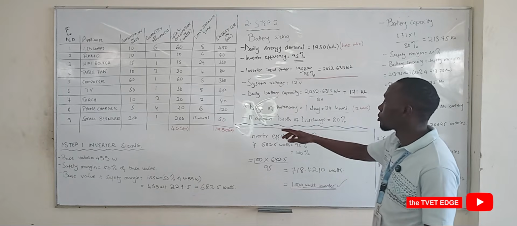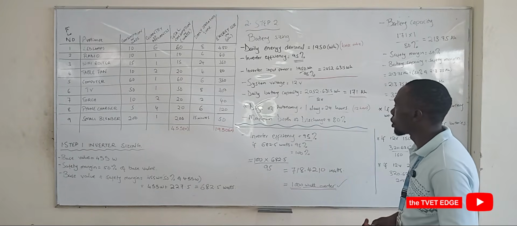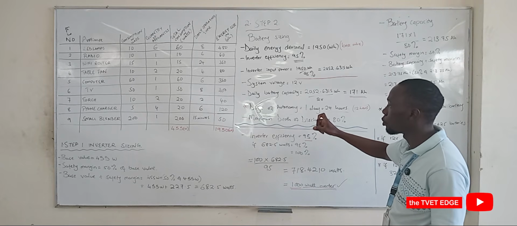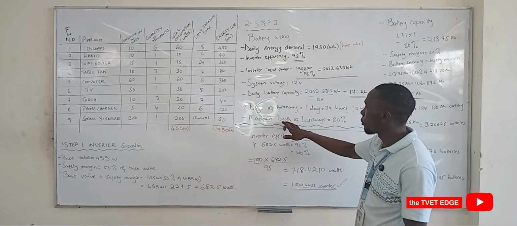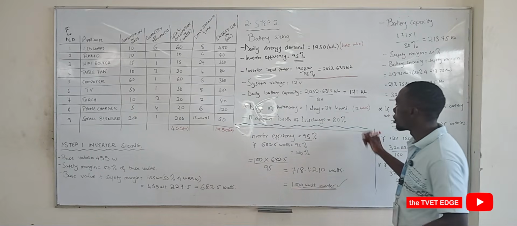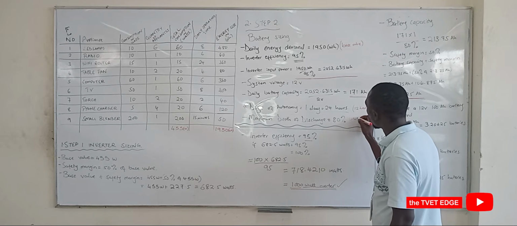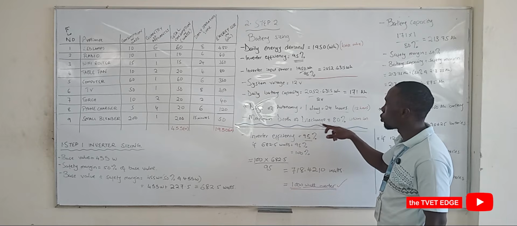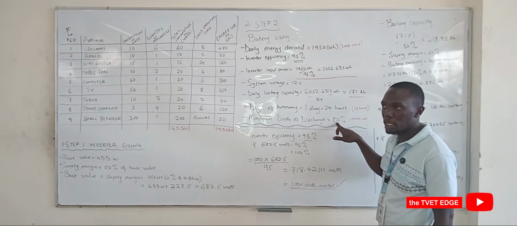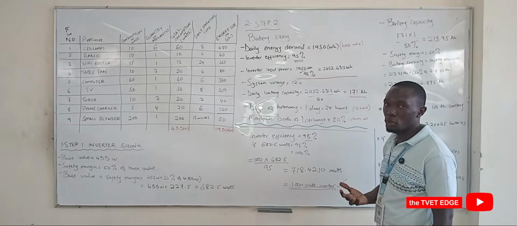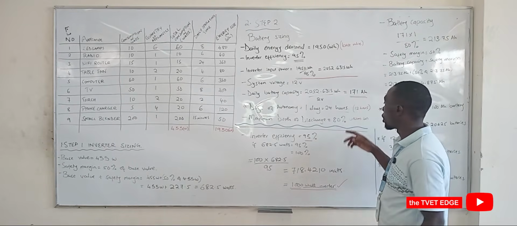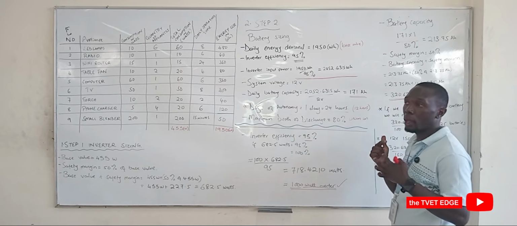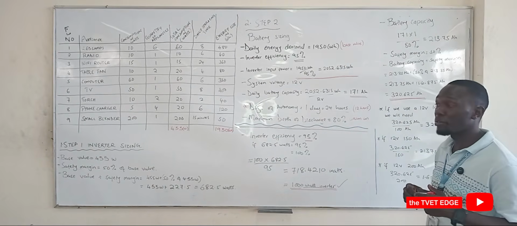And also, we have talked about DOD in our previous session, but I'll also link something here for you to go and look at. The batteries we are using, these are lithium ion batteries. They can allow you to discharge them up to 80%. That means you can take 80% of the charge capacity out of the battery and it will still operate to its full life cycle or lifespan.